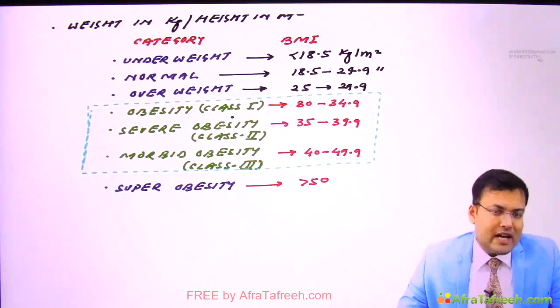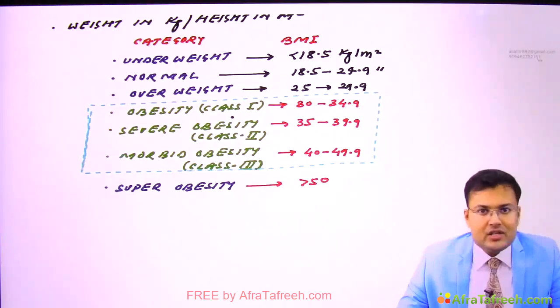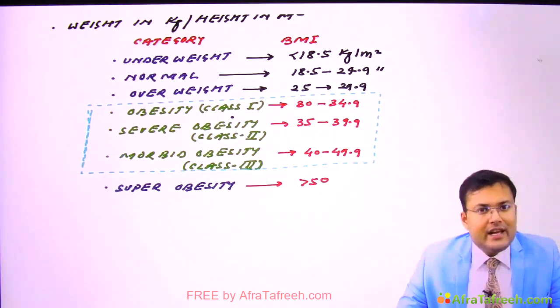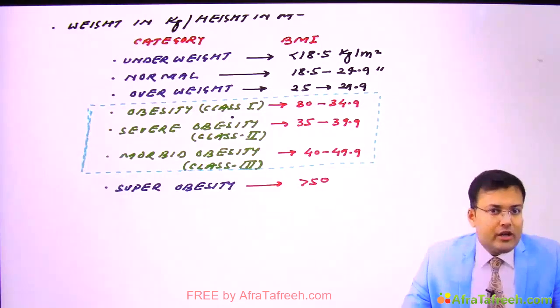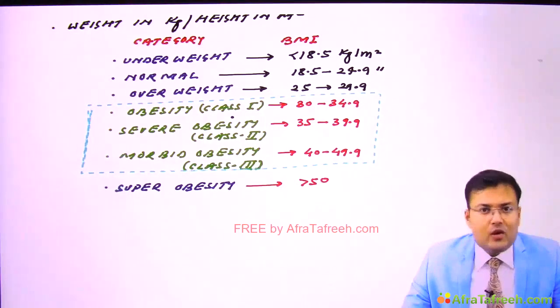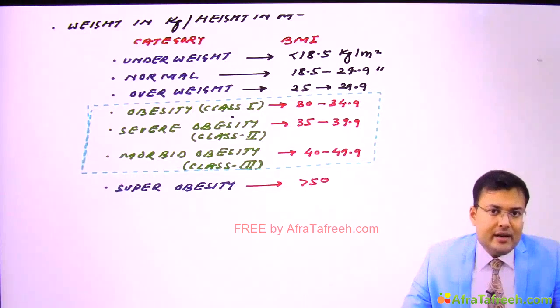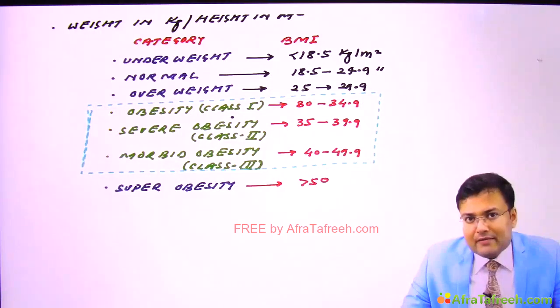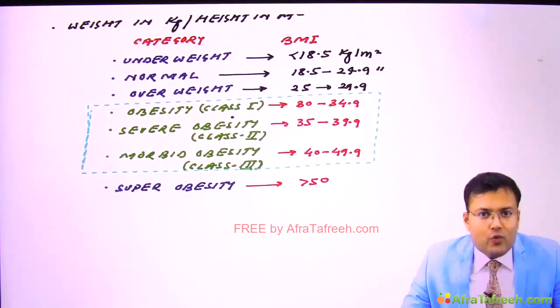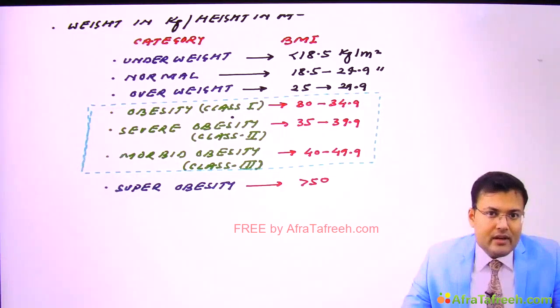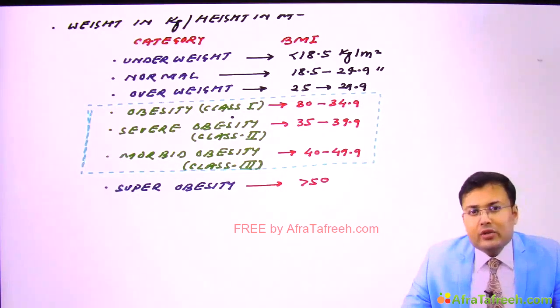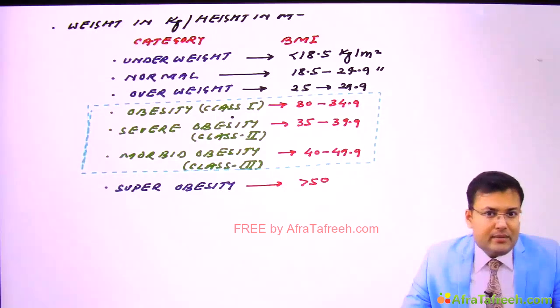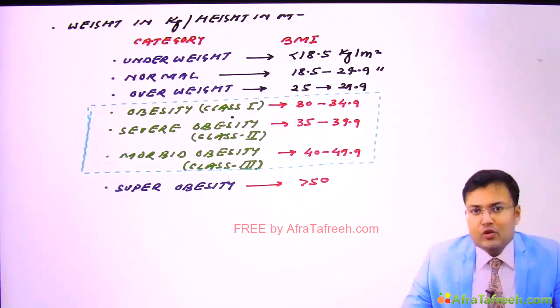So there are two standards, international standards and Asian standards. According to international standards, the indications of bariatric surgery are: BMI more than or equal to 35 kg per meter square with comorbidities, and second, BMI more than or equal to 40 kg per meter square with or without comorbidities.